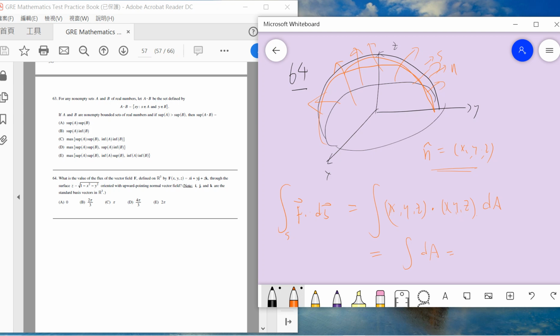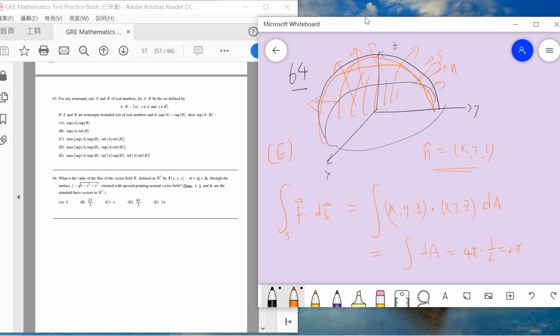So the answer is the surface area of this part. So 4 pi times half, 2 pi. The answer is E.